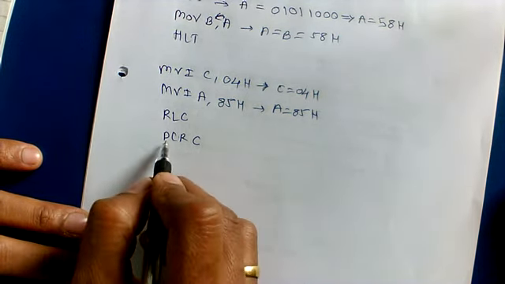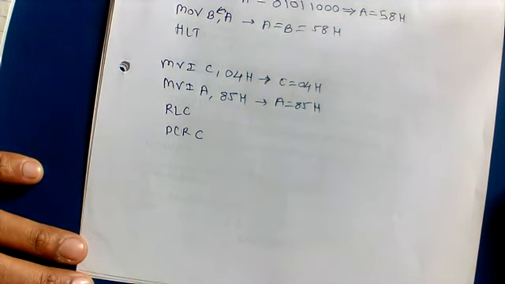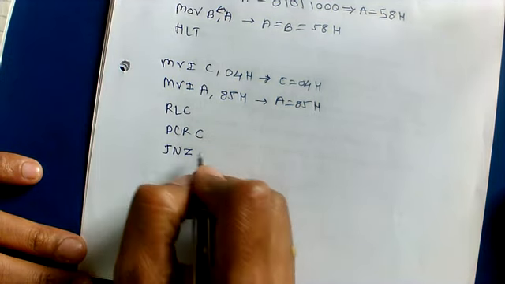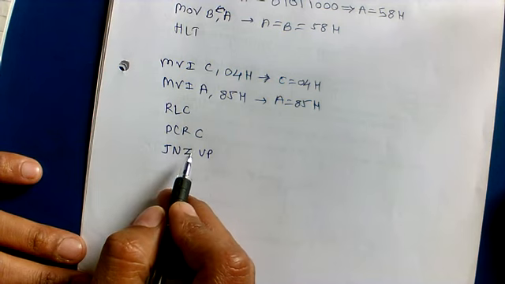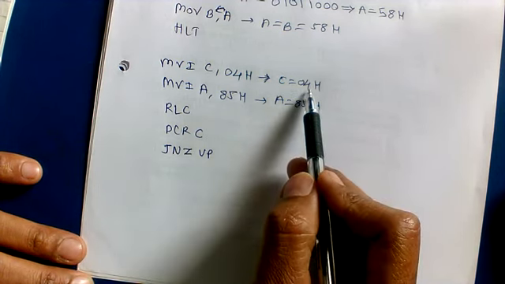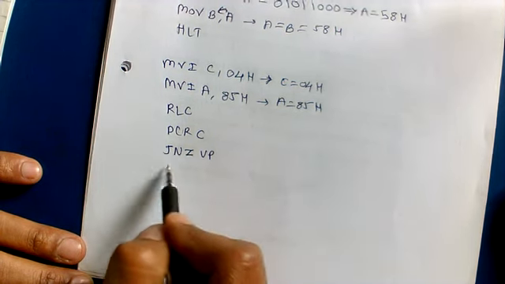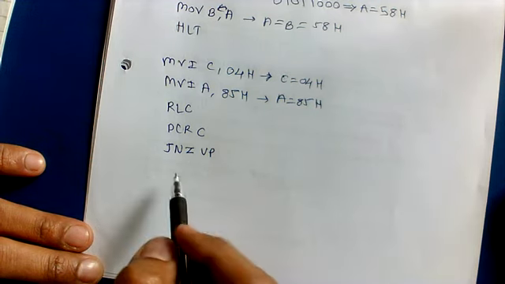Then continuously we will check zero flag bit, is counter equal to 0 or not. So by using JNZ instruction we will check whether counter is equal to 0 or not. When will we get the counter 0? After getting C equal to 0 in the last iteration. At that time the execution will come out of the loop by skipping this JNZ instruction.